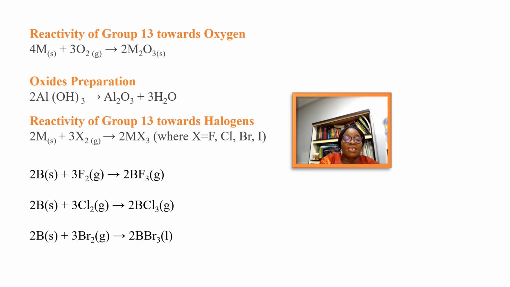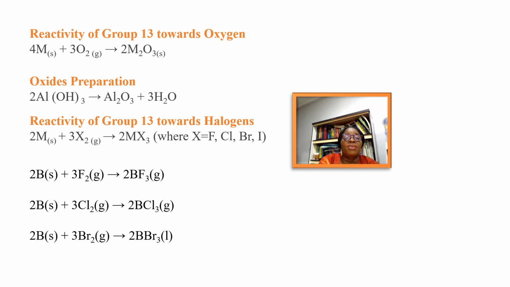Reactivity of group 13 elements towards oxygen. The reactivity of group 13 elements towards oxygen increases down the group. Boron is unreactive towards oxygen in its crystalline form, but if it is finely divided, it can react with oxygen on heating to form boron oxide.